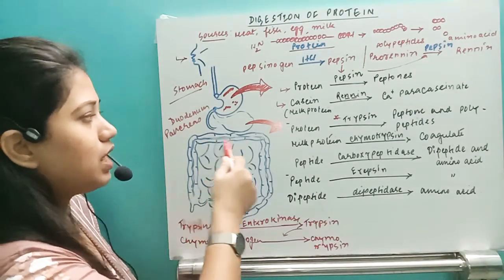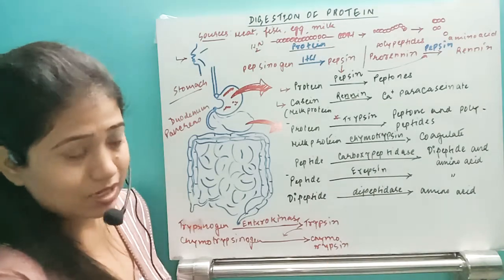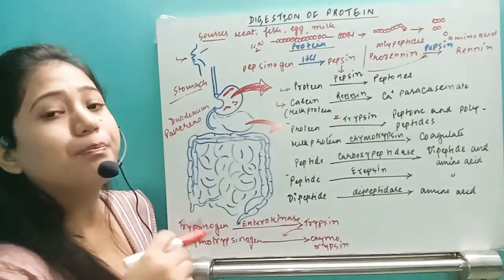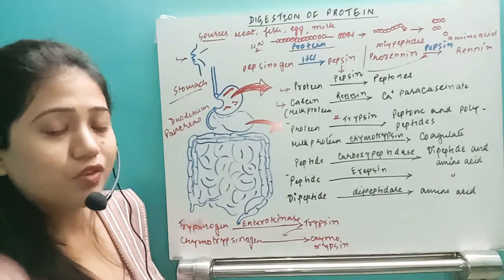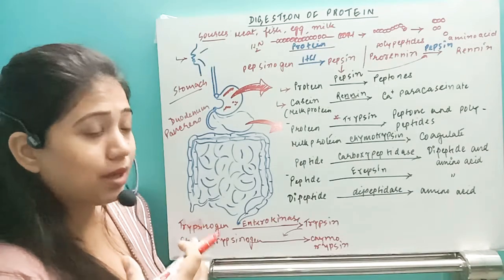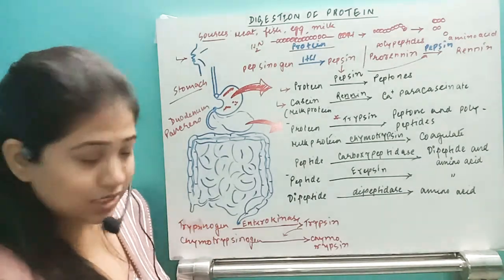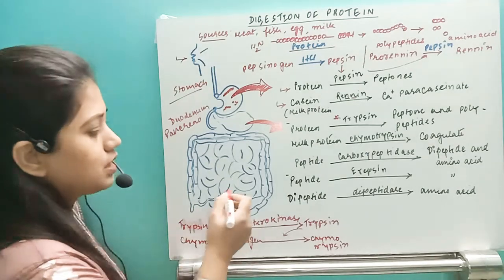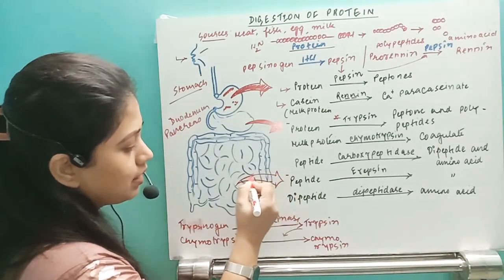So these 3 enzymes, that are trypsin, chymotrypsin and carboxypeptidase, released from the pancreas in the region of the duodenum, convert the protein into polypeptides or peptides, right? Then after that, come to the next region, that is the jejunum and the ileum.